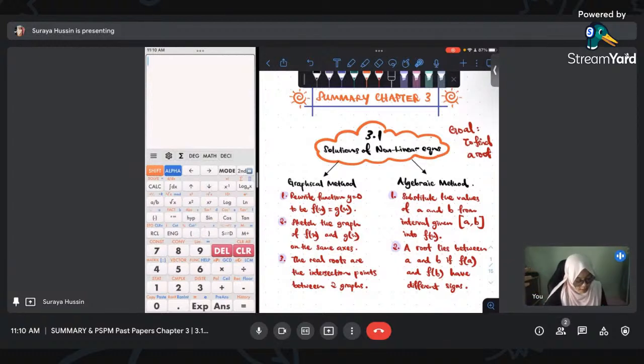Okay, manakala algebraic method ni pula, dia perlu substitute the value of A and B. Maksudnya dalam interval ni, kamu kena pakaikan dia, masukkan nilai A dan B ini ke dalam function kamu. Okay, you are going to find your FA or FB. And then you will get the value.